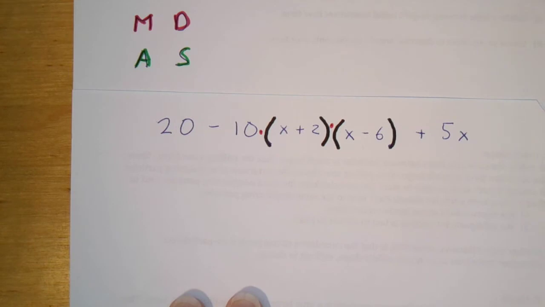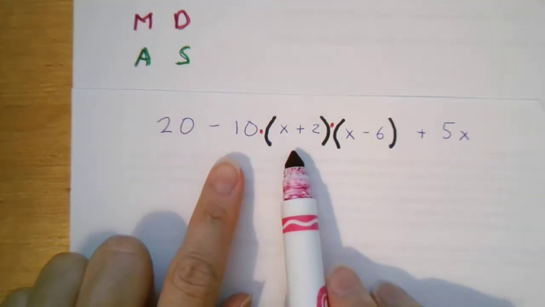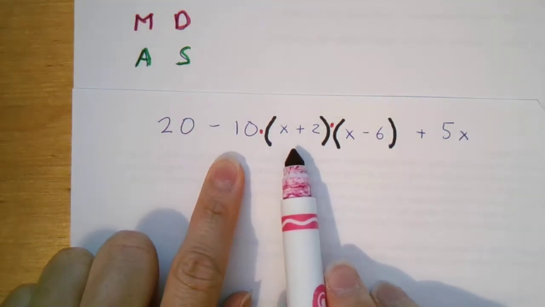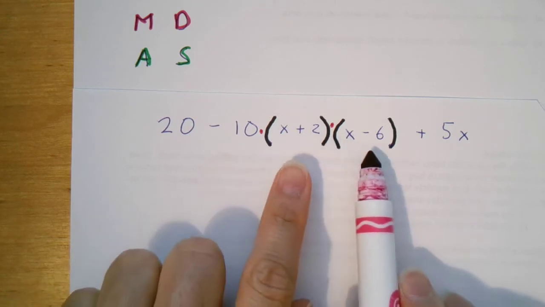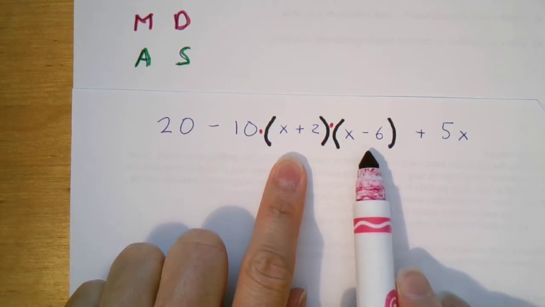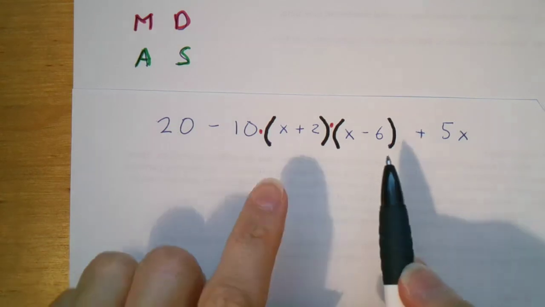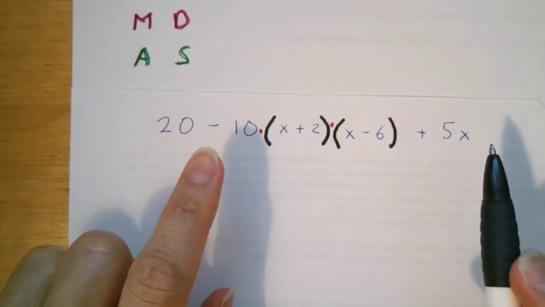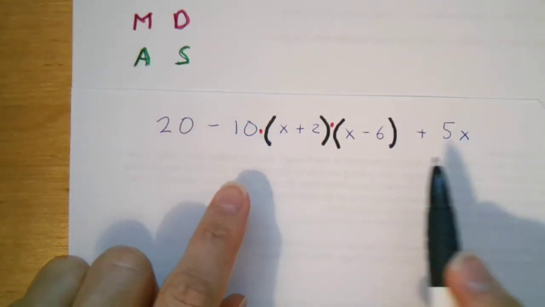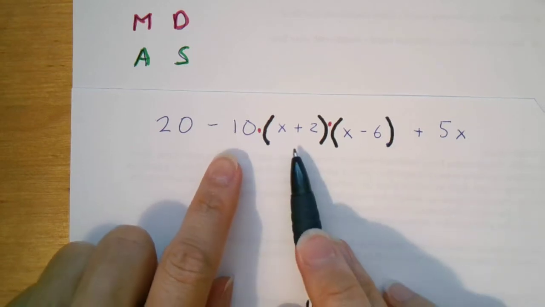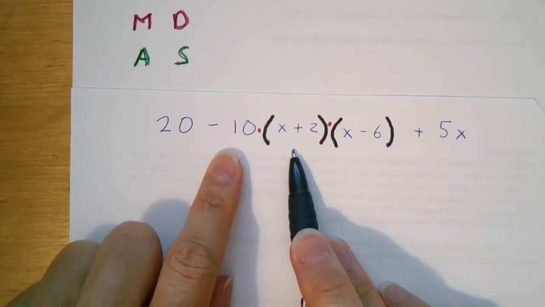You can either multiply these two terms first, or you can multiply these two terms first. I'm going to choose to multiply these two terms first because I think that's what most of you would do.